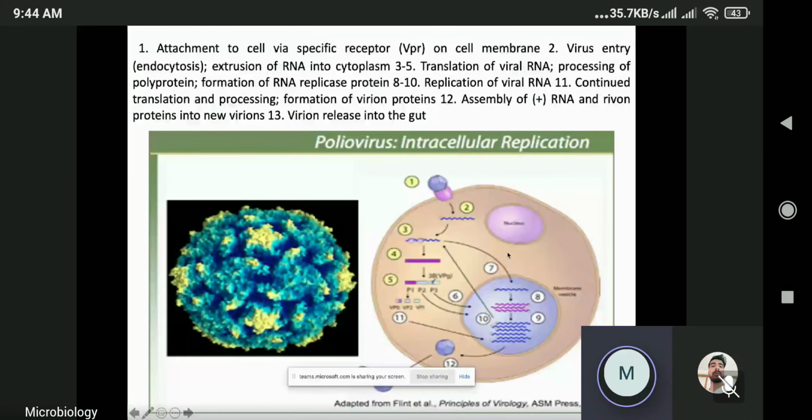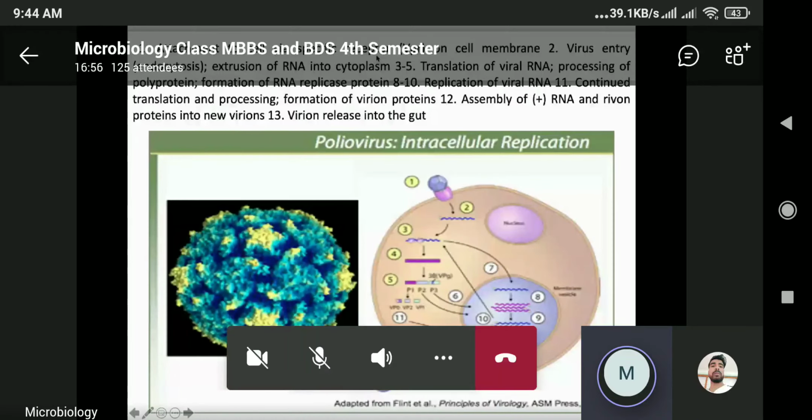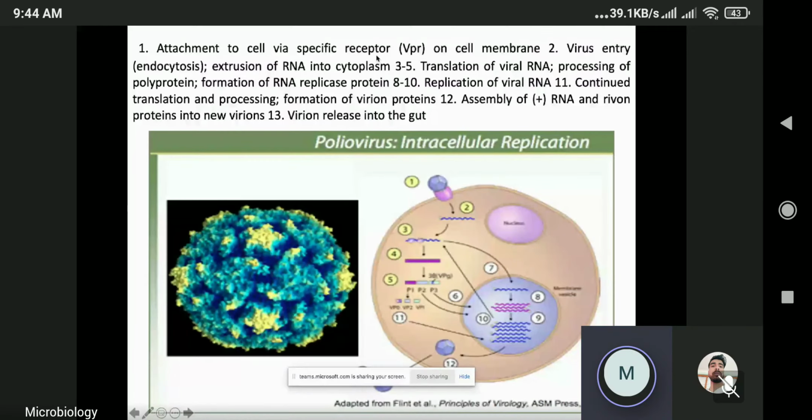See here, the specific receptor, that is the viral-specific receptor on the cell membrane of the host cells. Okay, we should remember this one, viral-specific receptor.